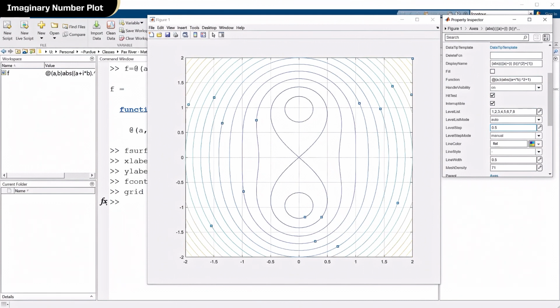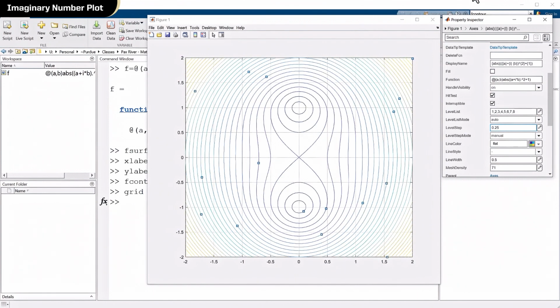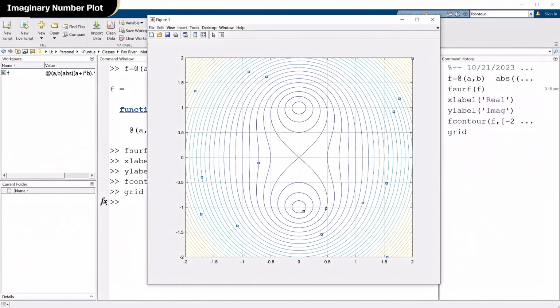If you say level step of 0.5, now you can see the contour lines home in on that point. Let's make it 0.25. Let's double the number of lines pretty much. And you can see now that right there, 1i and -1i, that's where those little feet were. So those are the roots of that equation.